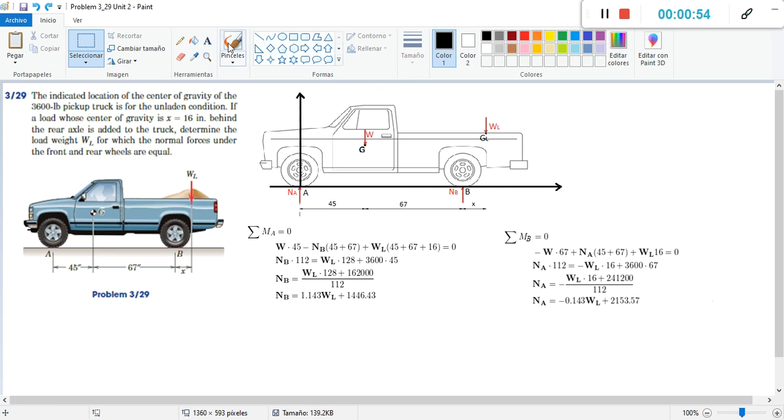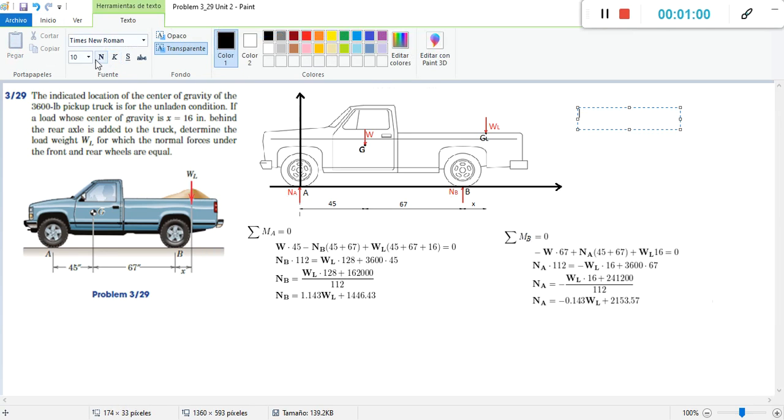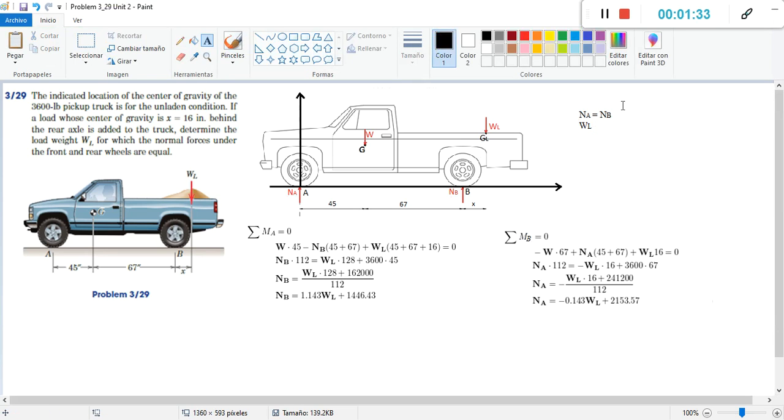So we can write the normal forces as an equality: NA is equal to NB. And the other unknown is the weight of the load. These are the two unknowns.